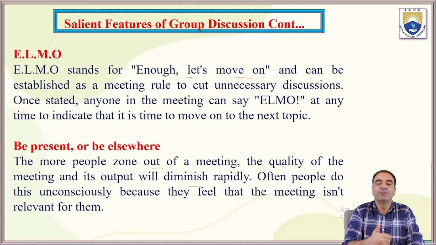Everyone must be an active participant, and no one should dominate or create a monopoly in discussion. If someone is not interested in discussion, he or she can leave. To maintain the decorum of discussion, everyone should actually participate in the discussion.